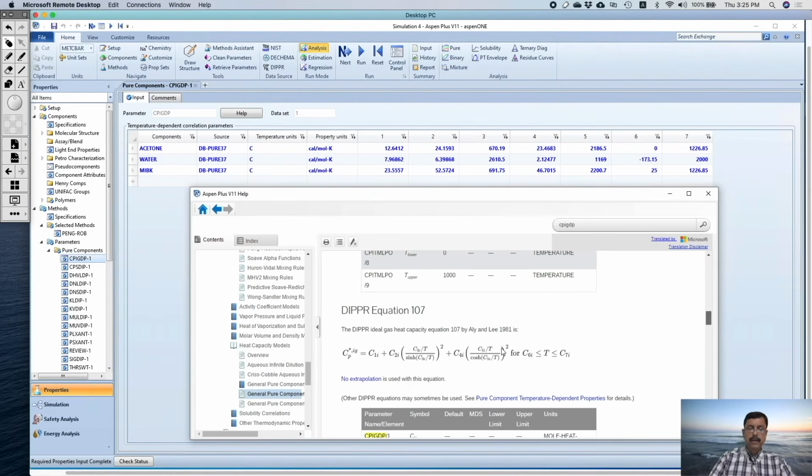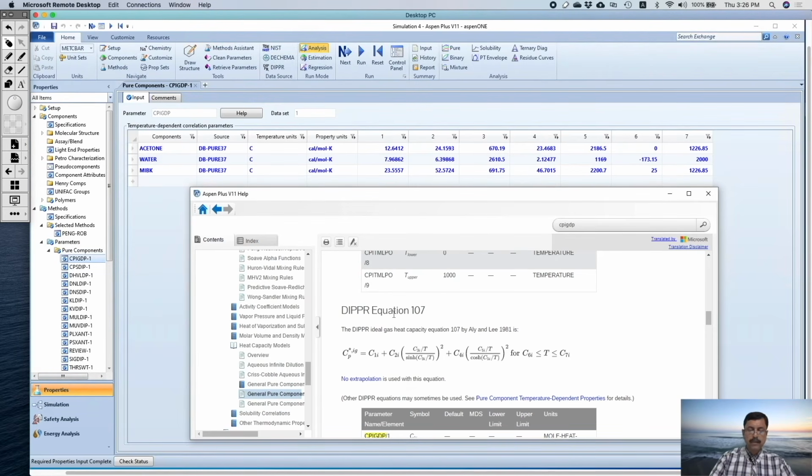So you go back to the Aspen domain, temperature dependent correlation parameters. Actually, these are the correlation parameters from C1 to C7. So what are C1, C2, C3, C4, C5? The first 5 components are C1, C2, C3, C4 and C5. What about the C6 and C7? They are also there. They are actually temperature.